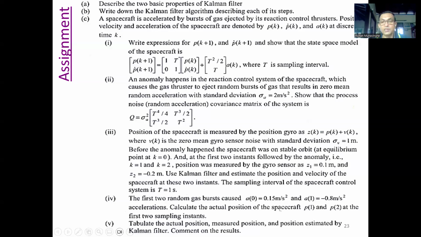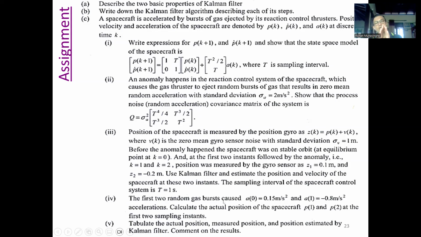Calculate the actual position of the spacecraft, P1 and P2, at the first two sampling instances. If you know the true values of the accelerations from the gas bursts, you can calculate the position. And then tabulate the actual position, measured position, and position estimated by the Kalman filter.